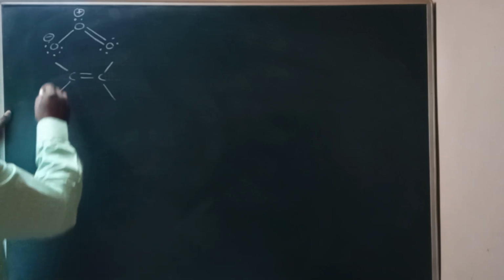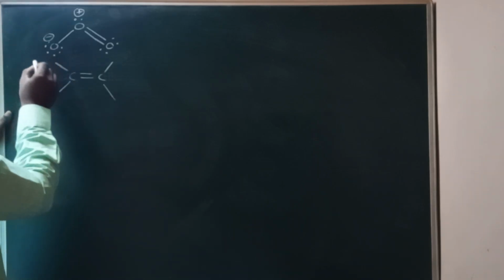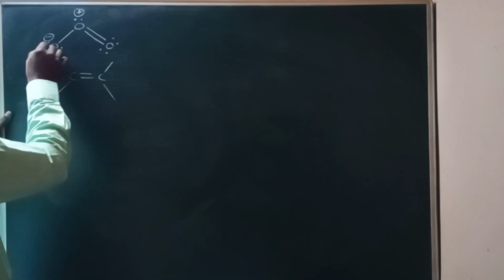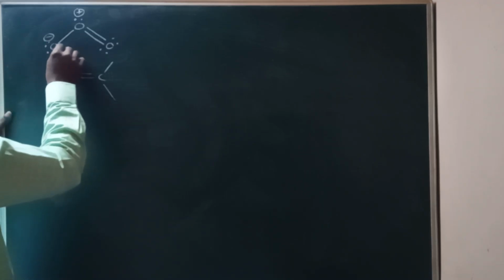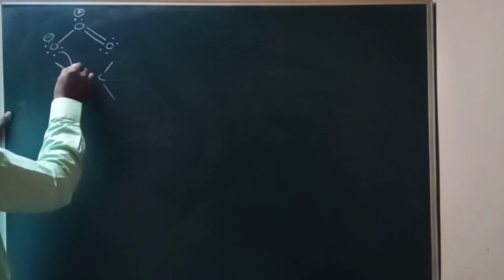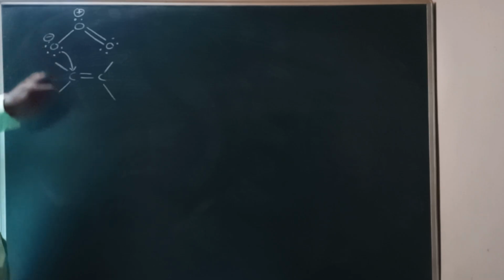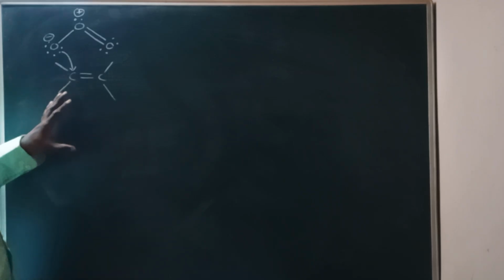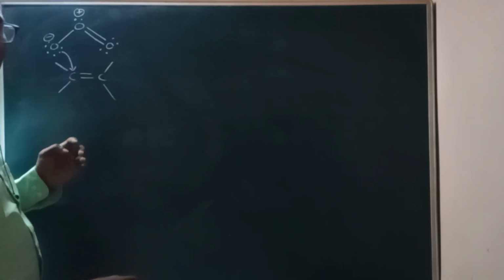Here what happens? The oxygen gives its one extra electron pair to this carbon atom. But remember, when we shift this electron pair onto this carbon, this oxygen is going to form a bond with this carbon, so the valence of this carbon becomes 5, and we know that the valence of carbon is always 4.